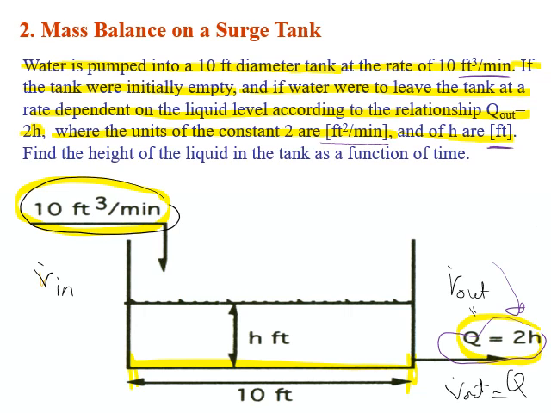He's asking to find the height of the liquid in the tank as a function of time. In the previous example, it was volume as a function of time. Now he's asking for height as a function of time. This is what is required.